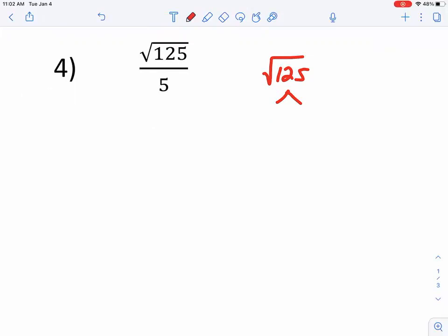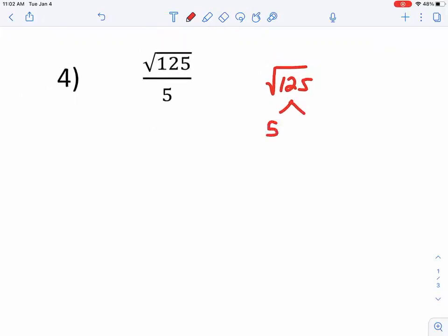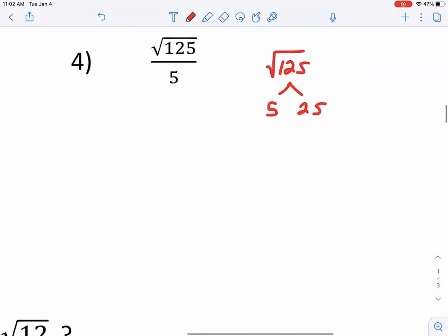Well, it's not even, so 2 doesn't go into it. So then I break out my calculator and try and divide it by 3, but 3 doesn't go into it either. So if 2 doesn't work and 3 doesn't work, try 5. And 5 actually does work because 5 times 25 is 125. And then that 25, I can split into 5 and 5.